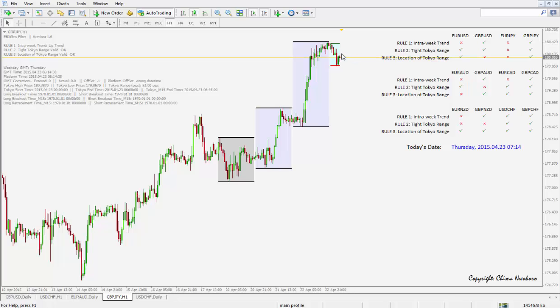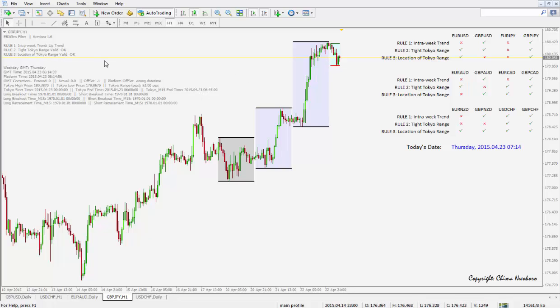Tight Tokyo range. Remember, the Tokyo range must be less than 50% of the currency ATR, and that is less than 50% of the GBP JPY ATR. So tight Tokyo range valid.